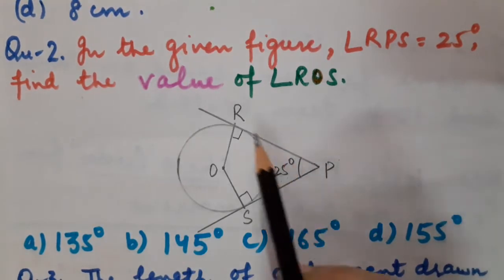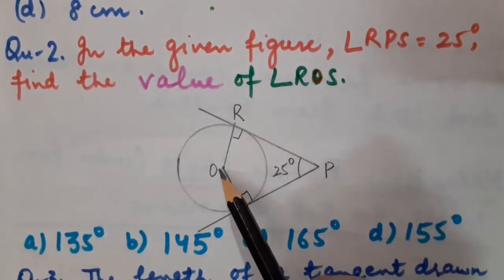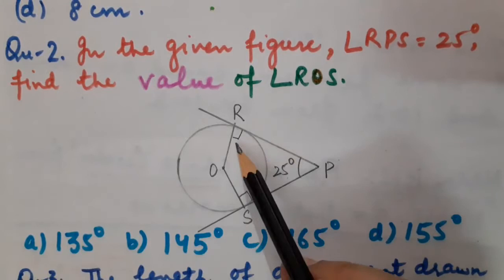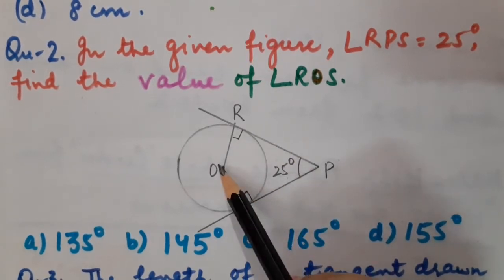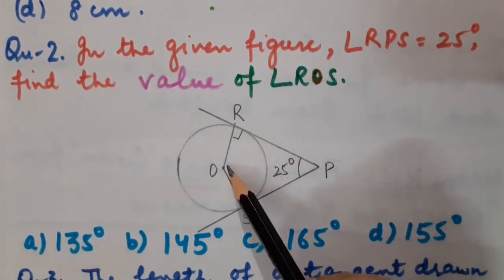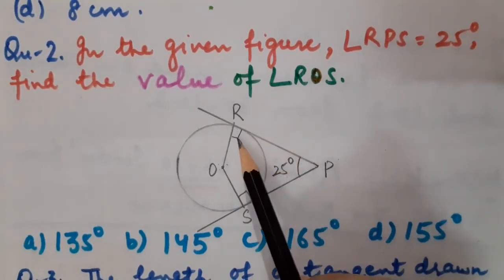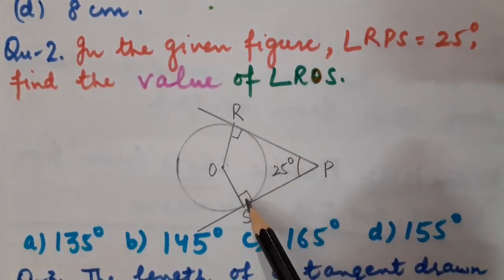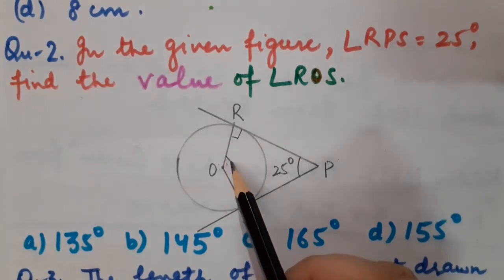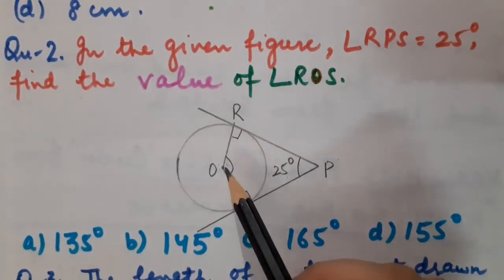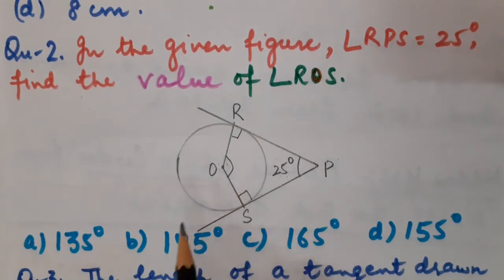Then RPSO will become a quadrilateral. Angle sum property of a quadrilateral says that the sum of all the angles of a quadrilateral is equal to 360 degree. Then 90 degree plus 25 degree plus 90 degree plus angle ROS. So through that we can calculate the value of ROS.